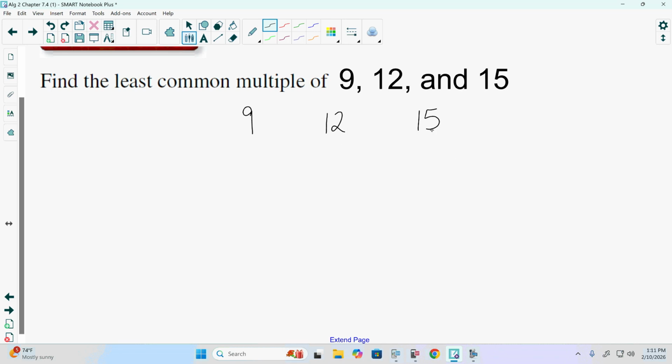Or I can break these down to the prime factorization. 9 is 3 times 3. 12, we can say is 2 times 6. And 6 is 2 times 3. And 15 is 3 times 5.